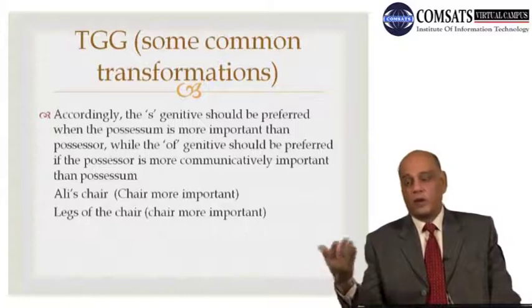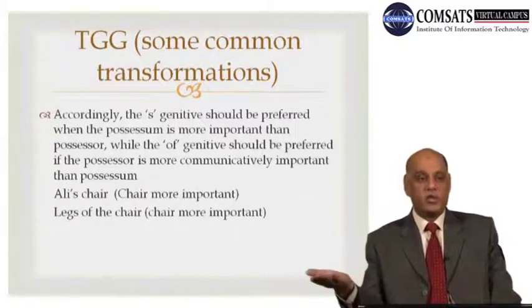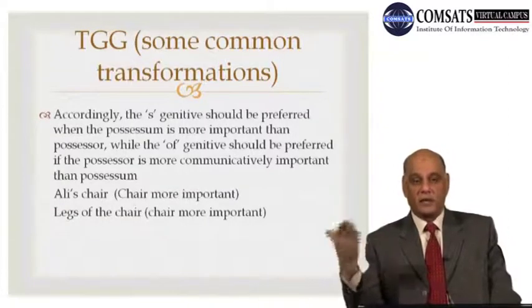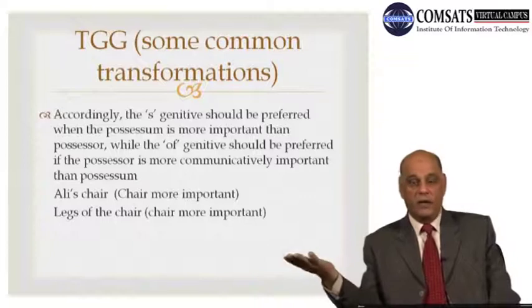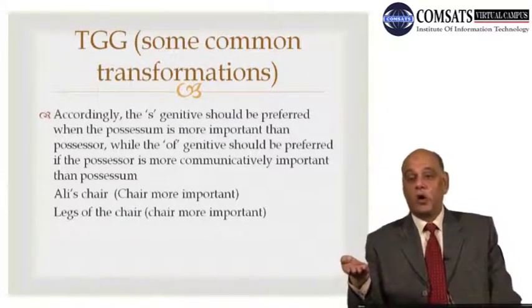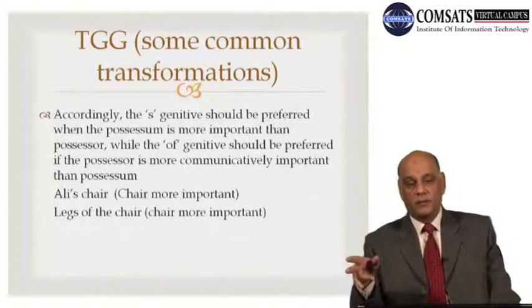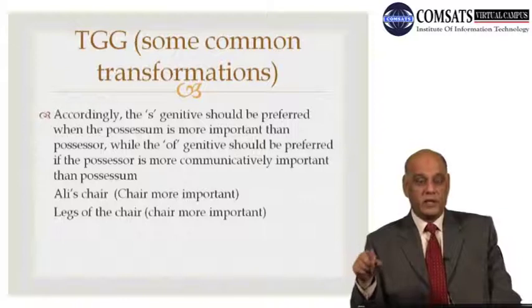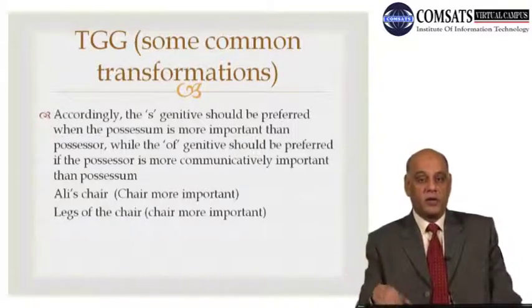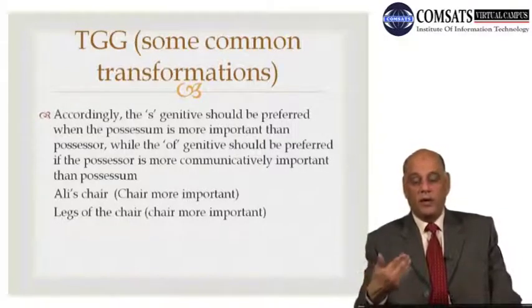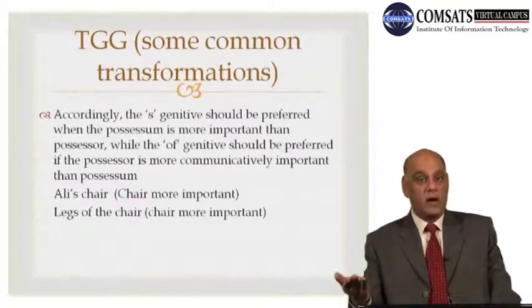But when you're talking about non-living things like table, chair, you generally say legs of the table, legs of the giraffe, legs of the table, color of the TV. So when talking about non-living things, in legs of the chair, the possessor, chair, is more important here. Communicatively you are giving information about that, so that is more important.